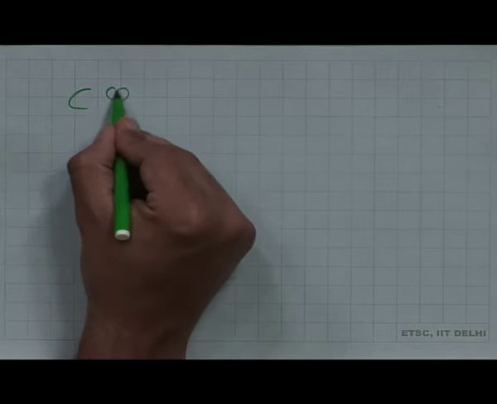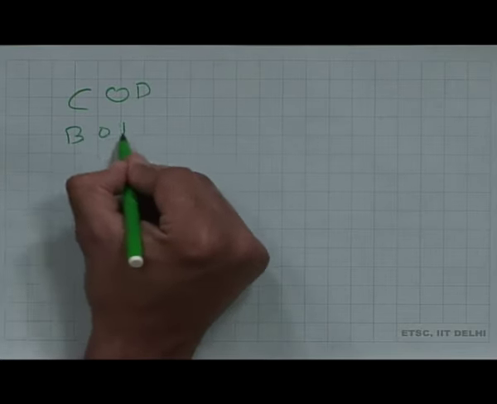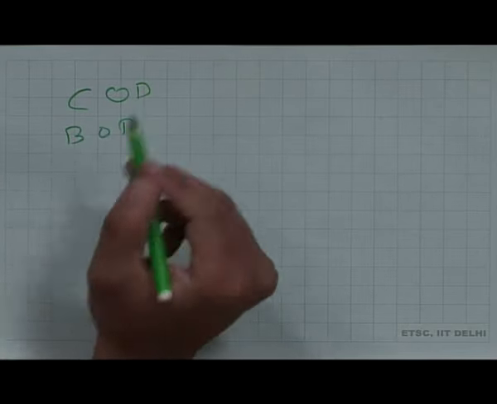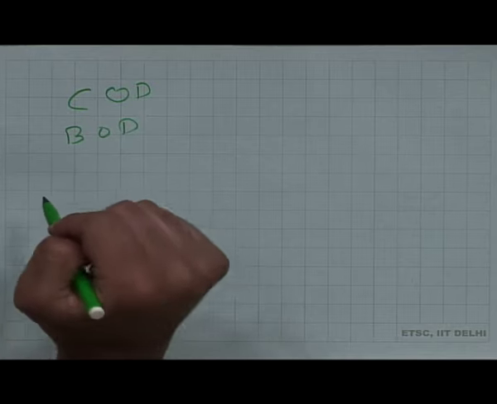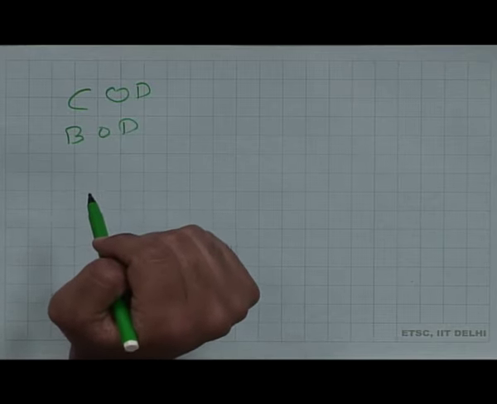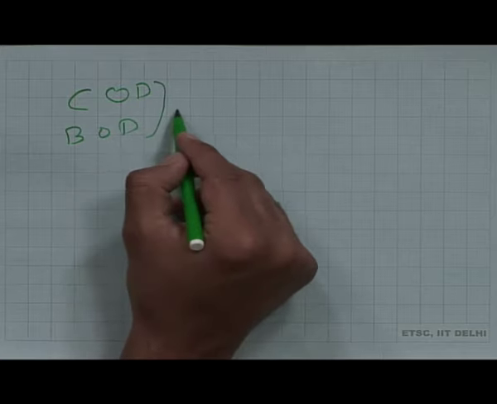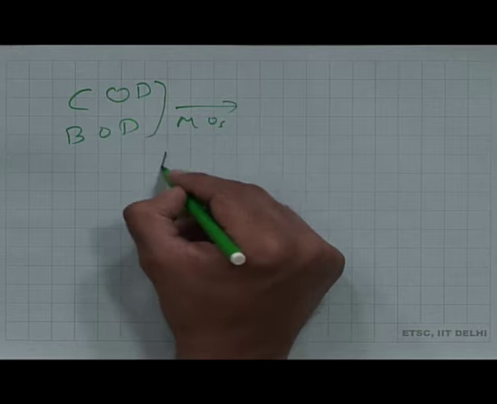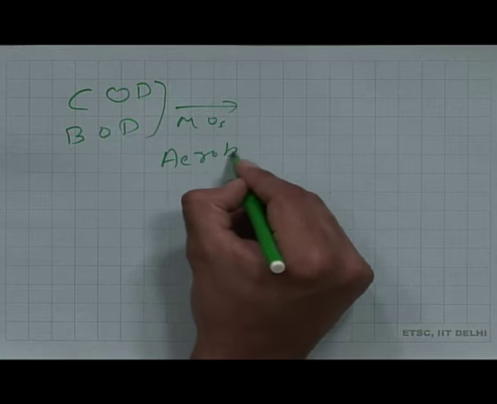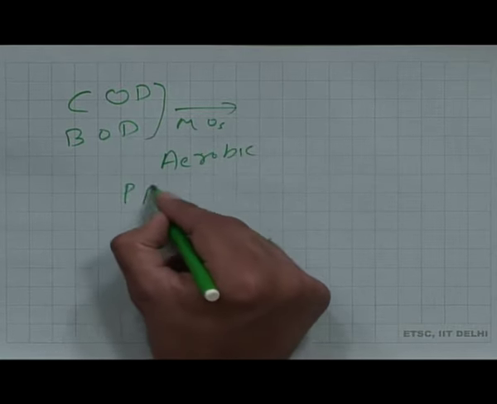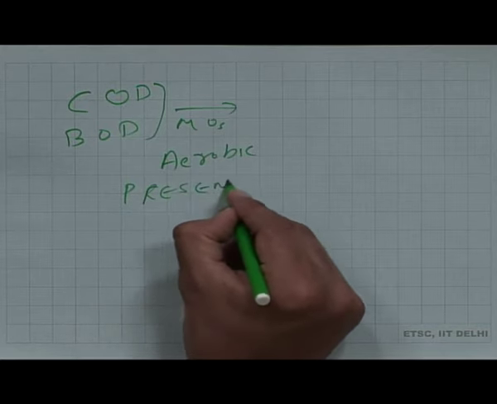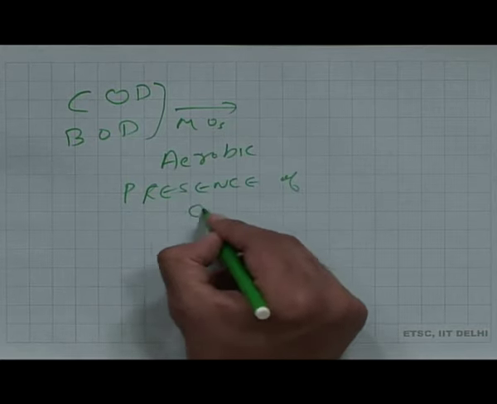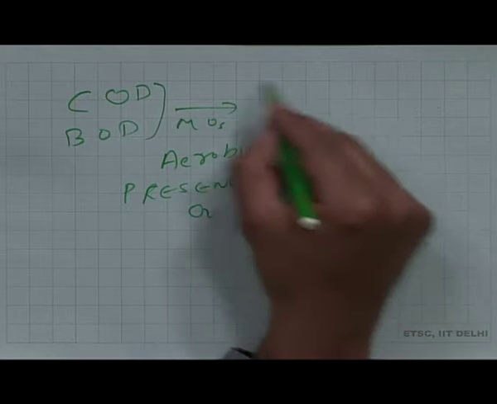So you have carbon, which can be called COD or BOD, chemical oxygen demand and biological oxygen demand, and with the help of microorganisms under the aerobic process, aerobic meaning presence of oxygen, they can transform this to biomass.